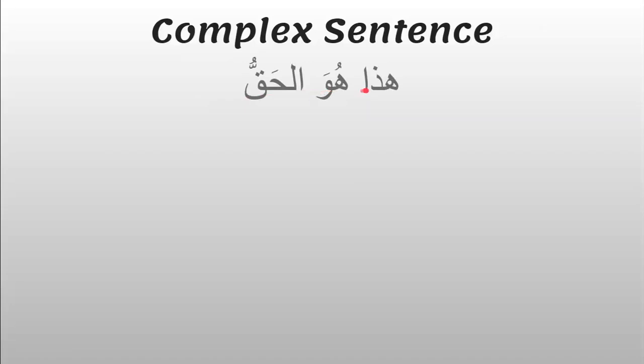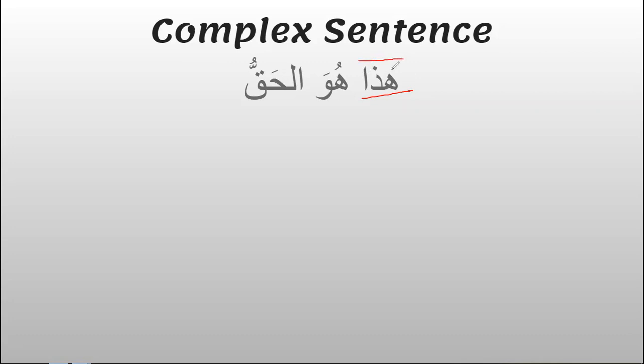Like haza. What is haza over here? This. Haza is this, and this is the first word over here, right? So this is going to be our mubtada. It will translate as this is. Okay, what is huwa? He. Is it answering our question? This is he. No, this is another mubtada.